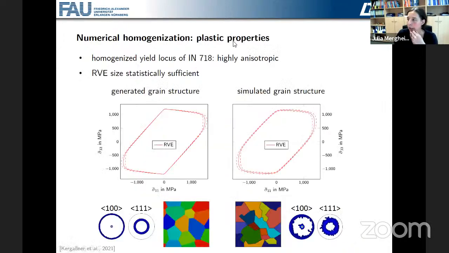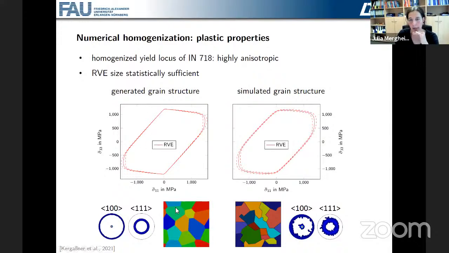And finally, we obtained the plastic behavior of this material. So we identified the homogenized yield locus, so the yield function of the Inconel, and also tried to model that by means of a macroscopic yield function. We see here that we also get a highly anisotropic yield locus.